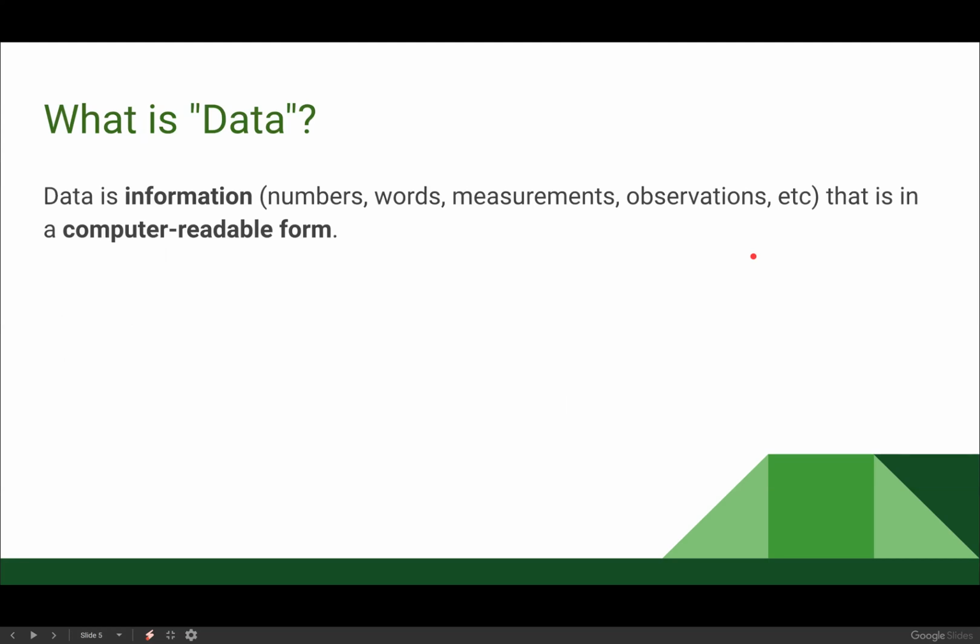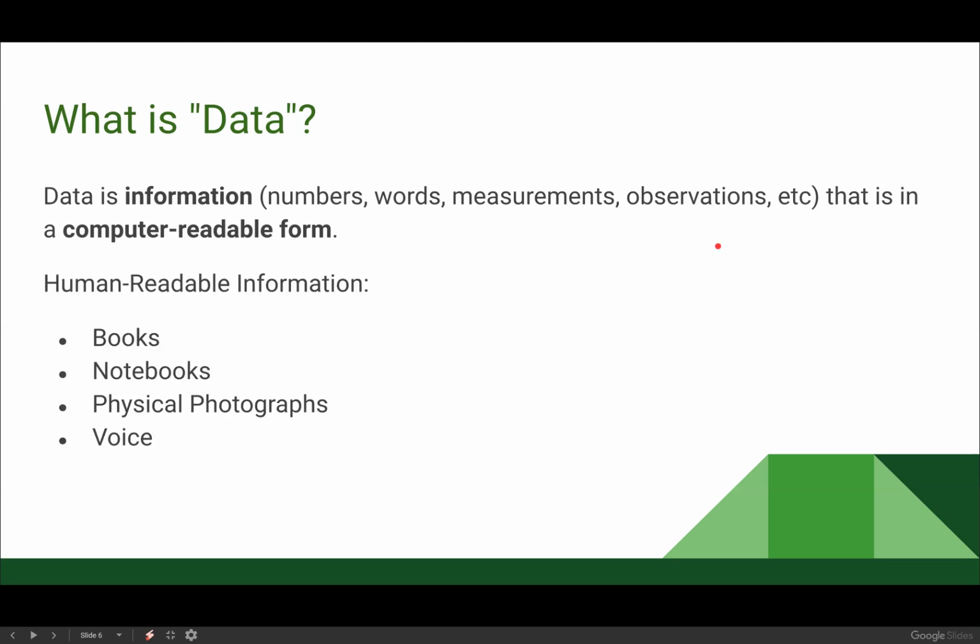So, data is information, so numbers, words, measurements, observations, literally any kind of information that has been placed into a computer-readable form. So let's talk about computer and human-readable information. Human-readable types of information are books. If you have a physical book or a physical notebook, you have a physical photograph.